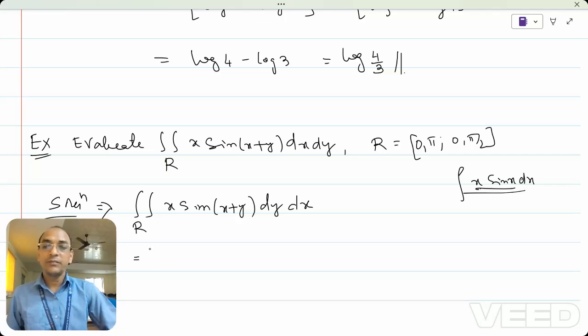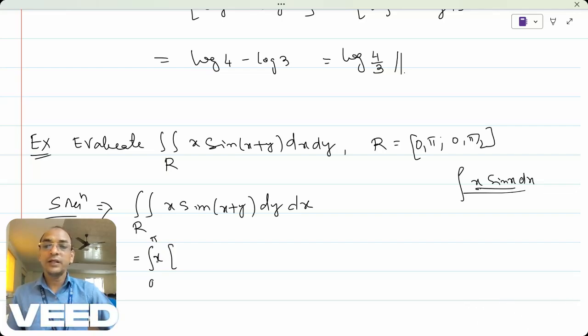So here suppose I put the x limit outside, 0 to pi, and then the inner integral. With respect to y, x will be constant, so we can take it out, and the remaining thing will be 0 to pi by 2 of sine(x plus y).